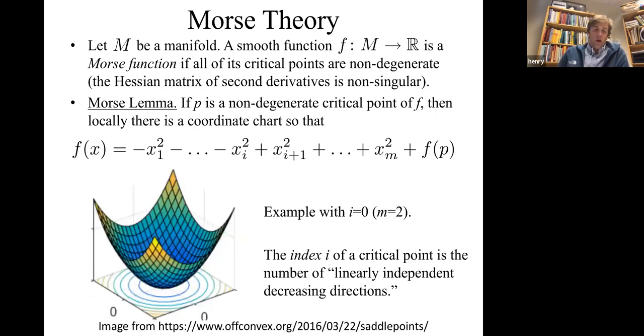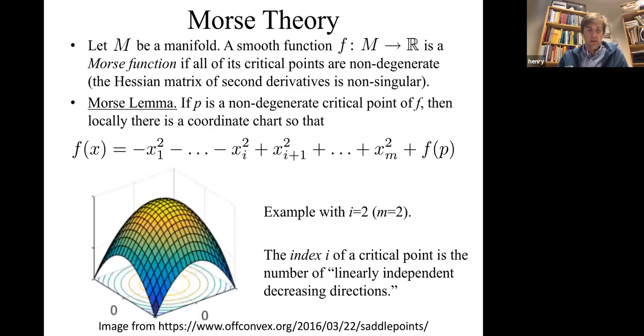Here's a picture where it's a critical point at the bottom of this parabola, but in both directions in which you could move, the function is increasing. So here the index is 0. There's no linearly independent directions in which the function is decreasing. By contrast, in 2D, a local maxima is a critical point of index 2.